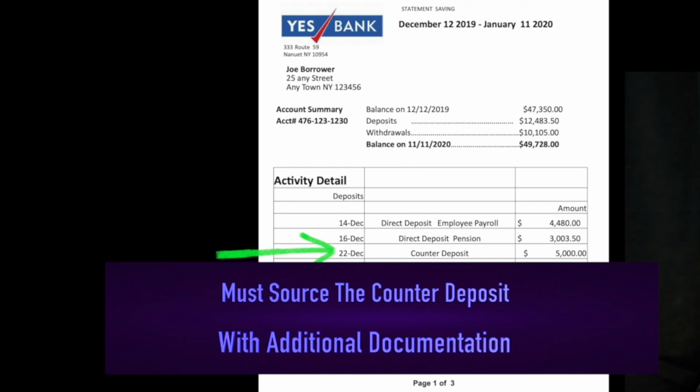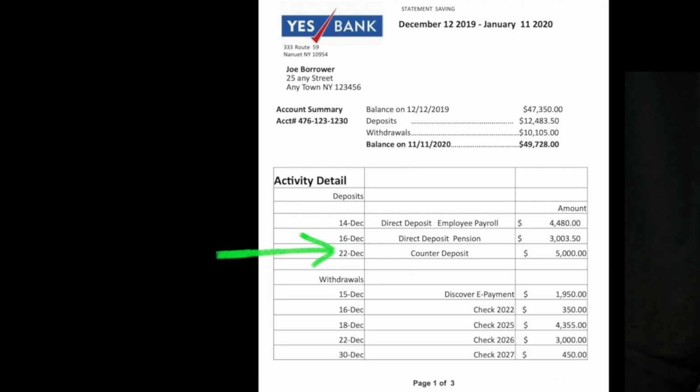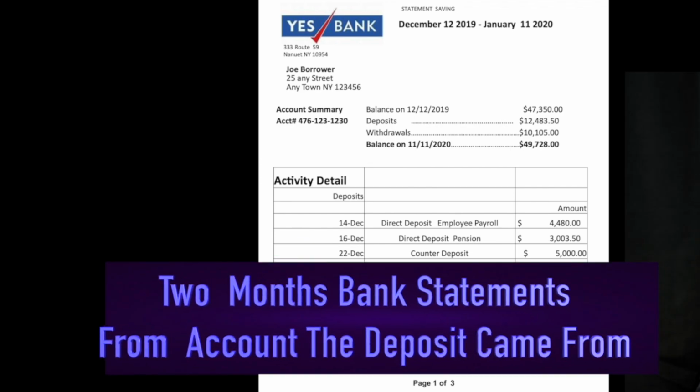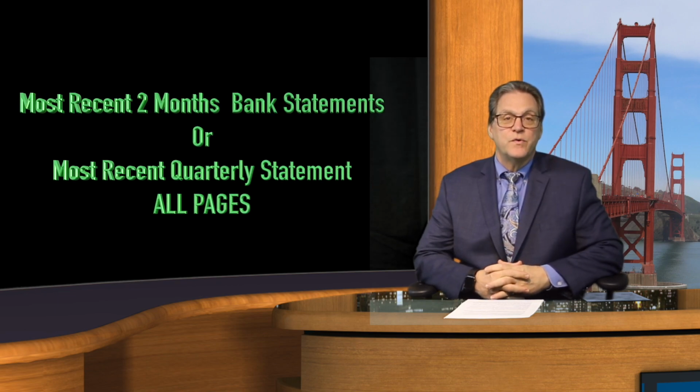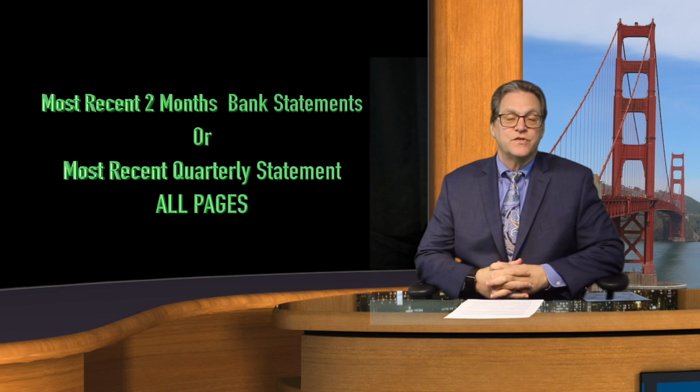For example, if the deposit came from a checking account that the borrower has with another bank, then we will need the most recent 2 months bank statements of that checking account to show the funds coming from that account into this account. So again, 2 full months bank statements or the most recent quarterly statement, all pages to the accounts on any accounts that are going to be used for the transaction.